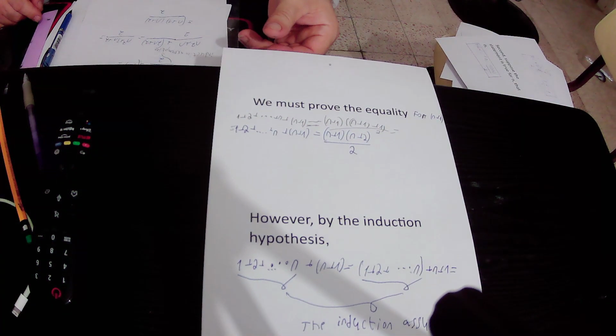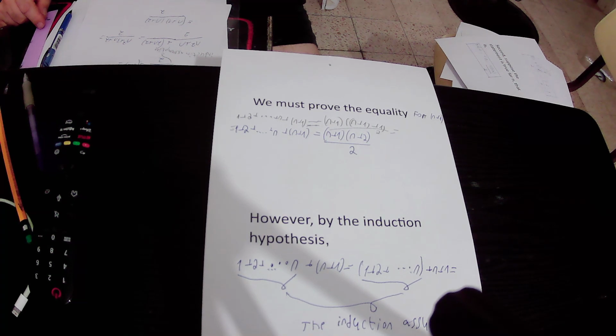And then we will prove the equality for n plus 1. So for n plus 1, we have to prove that 1 plus 2 plus 3 plus up to n plus 1 equals n plus 1 in brackets times n plus 1 plus 1.